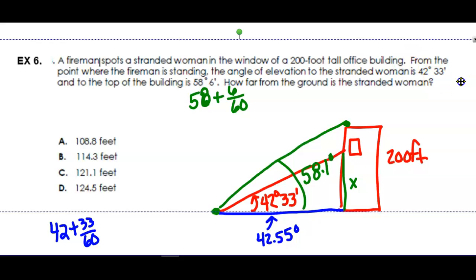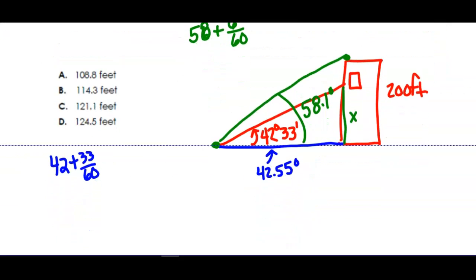I think this is a two-stepper, like the blimp question in the notes and the other one we just set up a minute ago, the UFOs, but it's drawn differently. We know right now that in the red triangle, this is 42.55, and we're trying to find this distance h. But we don't know anything else.